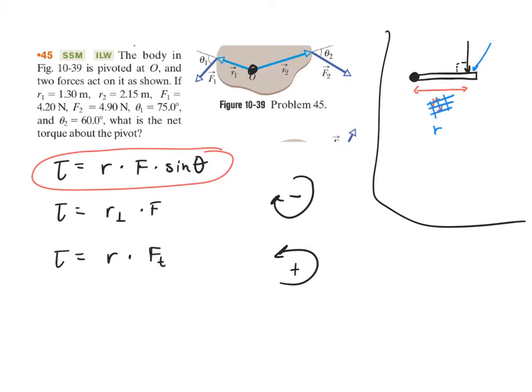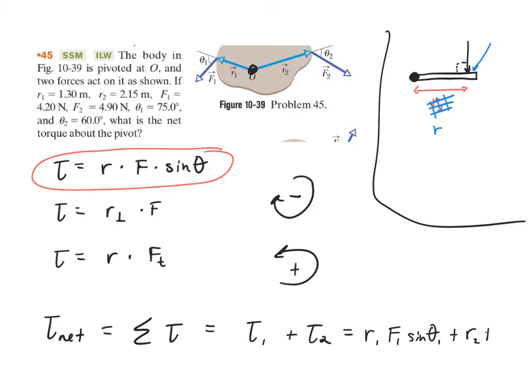So when I want to figure out the net torque acting on anything, like a net force, I have to sum them together. I'm adding together torque 1 and torque 2 that are both being applied to this object. Now, we use RF sine theta, and I'll be consistent with our formula: RF sine theta plus RF sine theta.